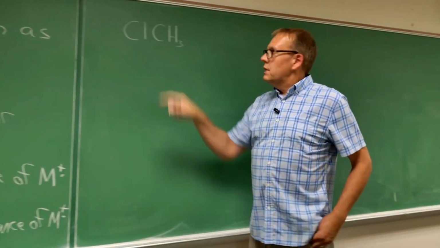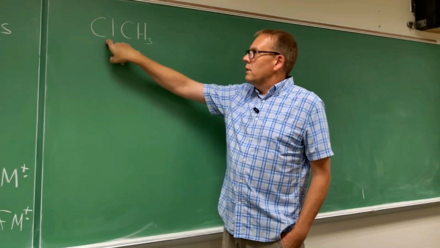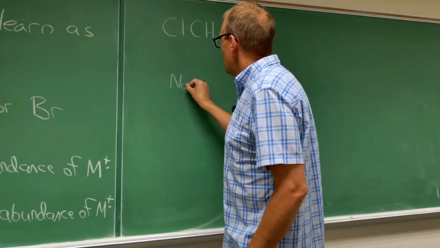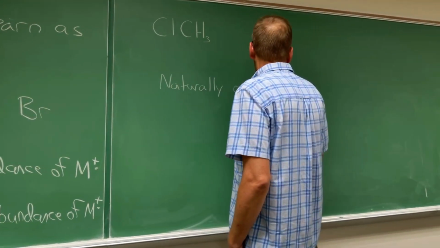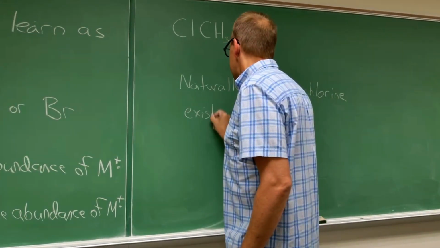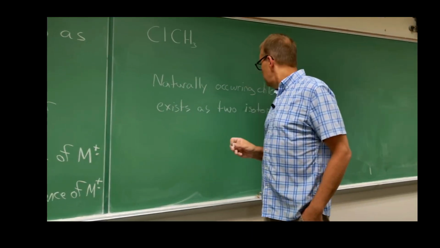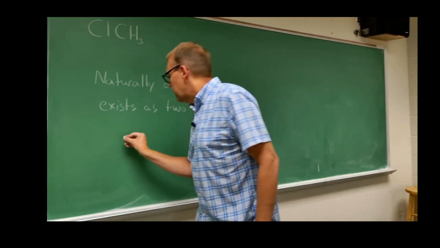This is a molecule that contains a carbon, 3 hydrogens, and a chlorine. The thing about chlorine is naturally occurring chlorine exists as 2 isotopes. You could look at all of the chlorine that's out there.